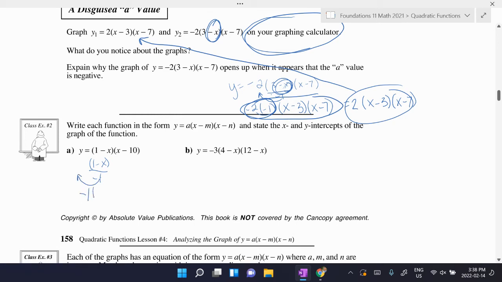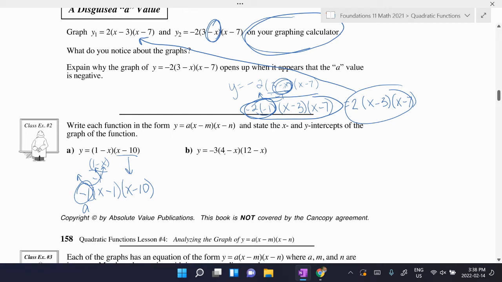You can't just make it disappear. So negative 1 times, if I divide negative x by negative 1, I'm going to have positive x. And 1 times negative 1 is negative 1. And then I'll bring this down, okay? x minus 10. Now the negative 1's out here, which means that's an A. That's your A now.